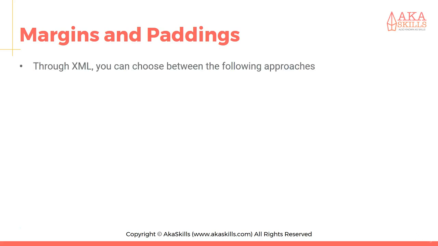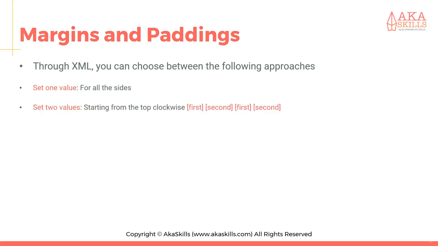Through XML, you can choose between the following approaches: set one value for all the sides, set two values, starting from the top clockwise, with first and second, or set four values, where we start from top clockwise and we have first, second, third, and fourth.